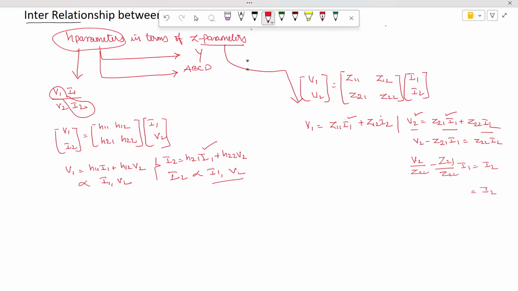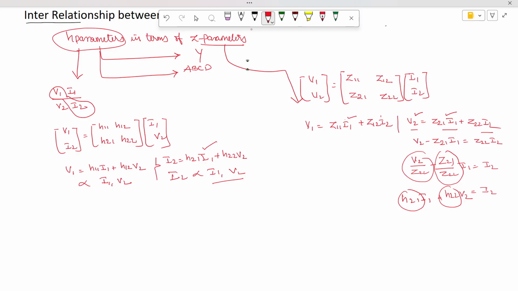So when you compare with the standard expression, I2 is equal to H21 I1 plus H22 V2. So this is the value of H21, this is the value of H22.